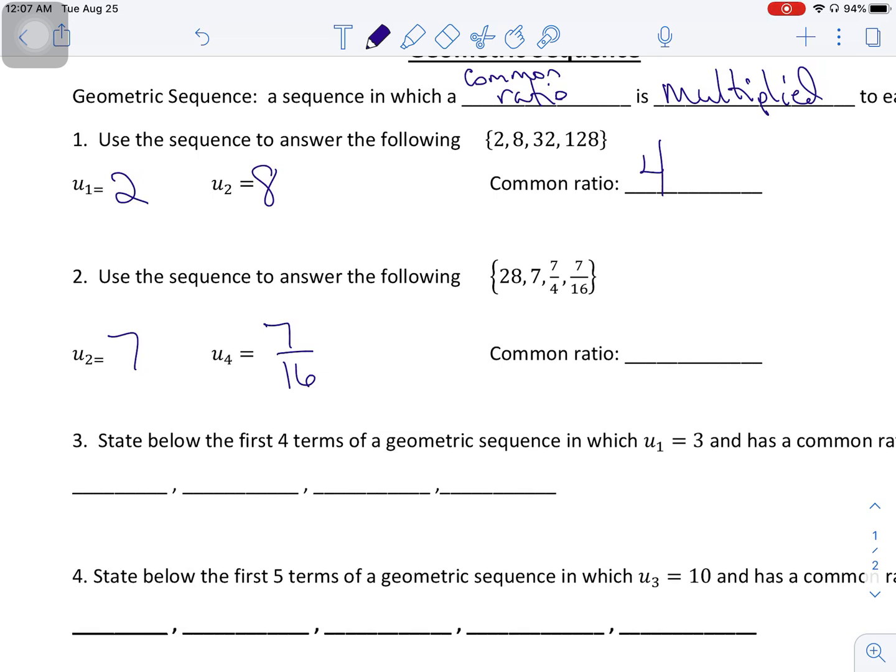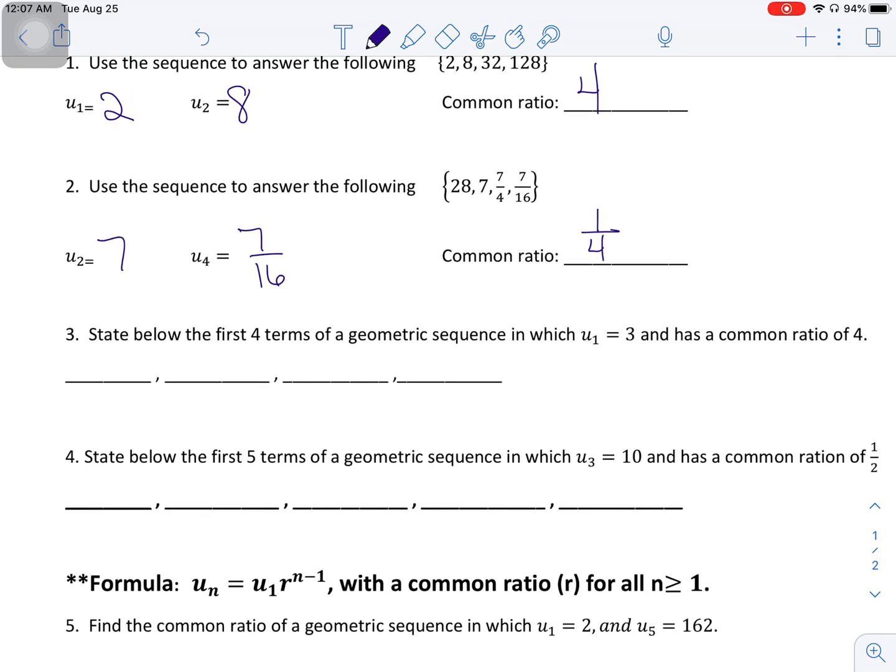That's great. You did divide by 4. But because the common ratio has to be a multiplier, the way we show division by 4 is to actually write the fraction 1/4, and that's what we're multiplying by each time. So if you take 28 times 1/4, you get 7. If you take 7 times 1/4, you get 7 over 4. Keeps going throughout the rest of the sequence.